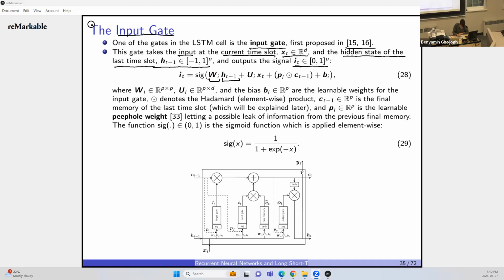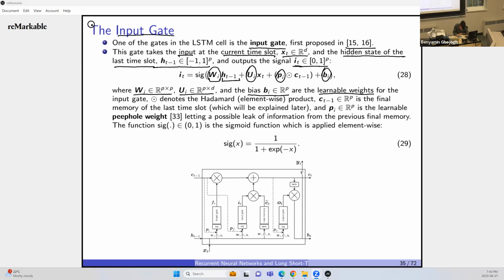By the way, these W_i, U_i, p_i, and b_i are learnable parameters. Okay, these are learnable parameters by backpropagation. So W_i is p by p, U_i is p by d. Note that x_t is d-dimensional. Bias is p-dimensional. Then these are the learnable weights for the input gate.